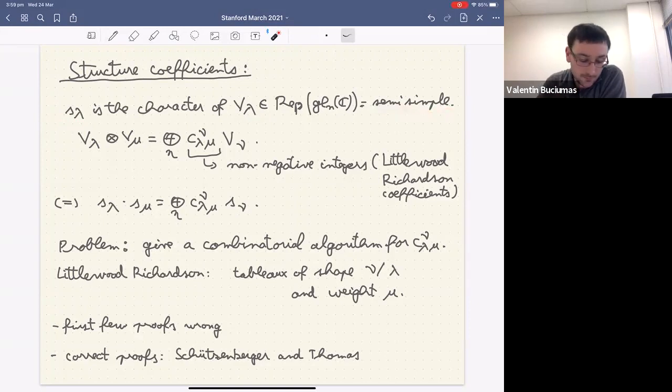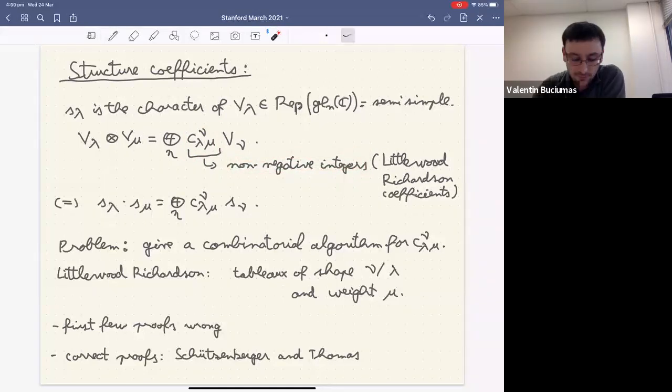Because of semi-simplicity, the tensor product V lambda tensor V mu will break down as a direct sum of irreducibles. Of course, each irreducible will appear a certain number of times in this direct sum. These coefficients are what I call structure coefficients. Because of the representation theoretic interpretation, one can immediately say that these will be non-negative integers.